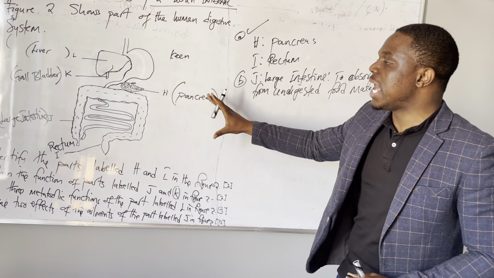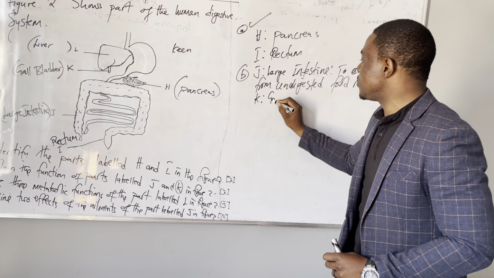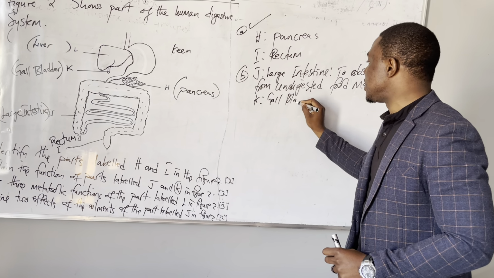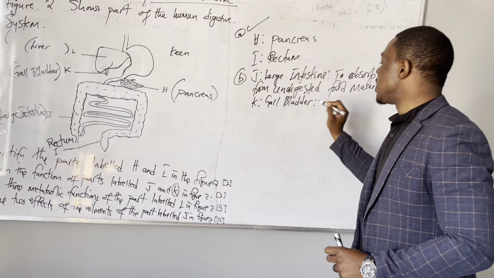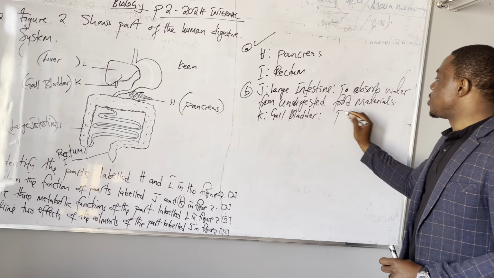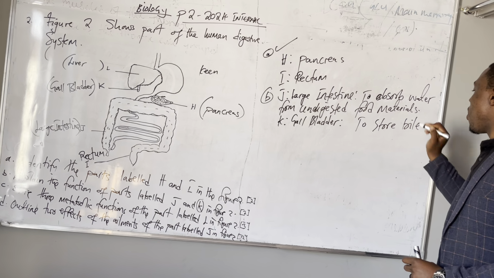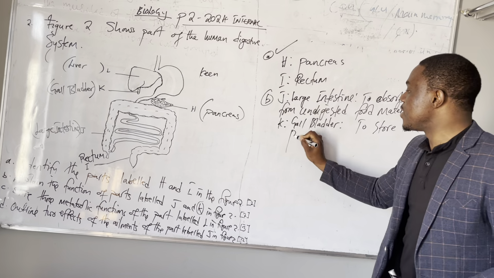If we go to our diagram, the K that we have there is the gallbladder. What is the function of the gallbladder? It is to store bile produced by the liver.